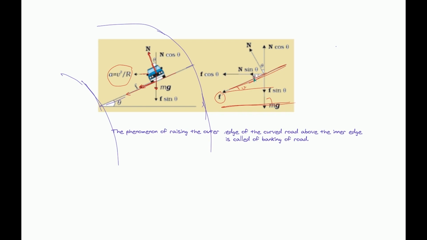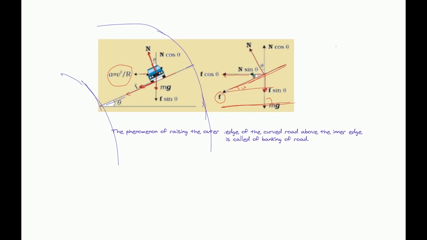So now that friction can be resolved into two components: one is F cos theta in this direction, one is F sin theta in this direction. Yes or no? Yes, ma'am. Similarly, you have a normal reaction here. That makes an angle theta with the normal to the horizontal reference line.